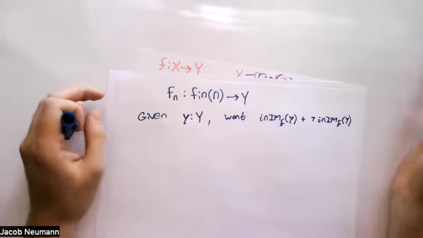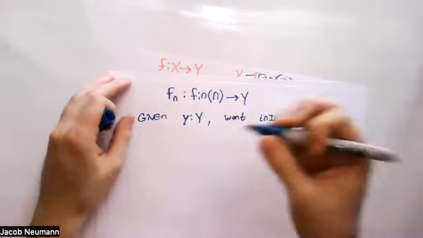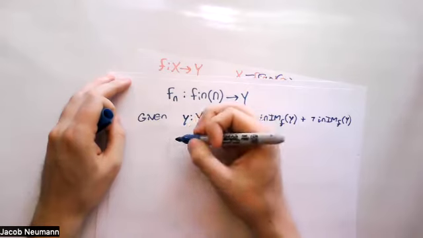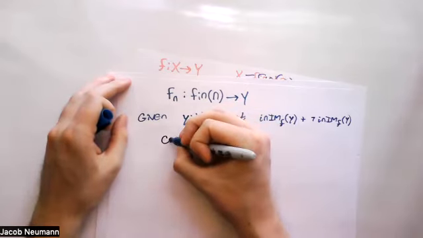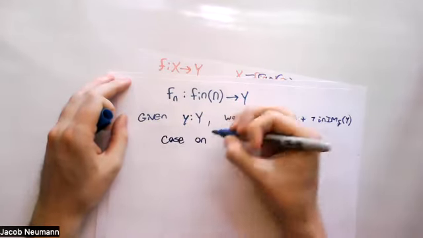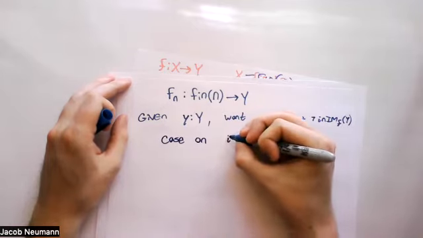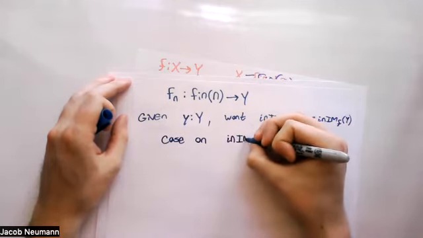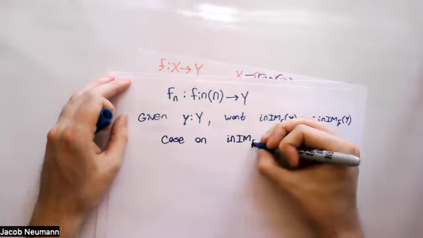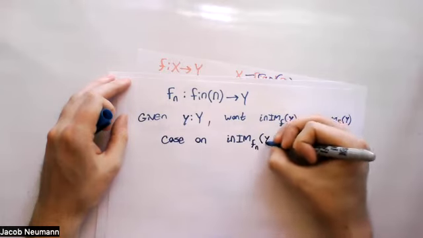I'm going to case on whether y is in the image of fn at y.